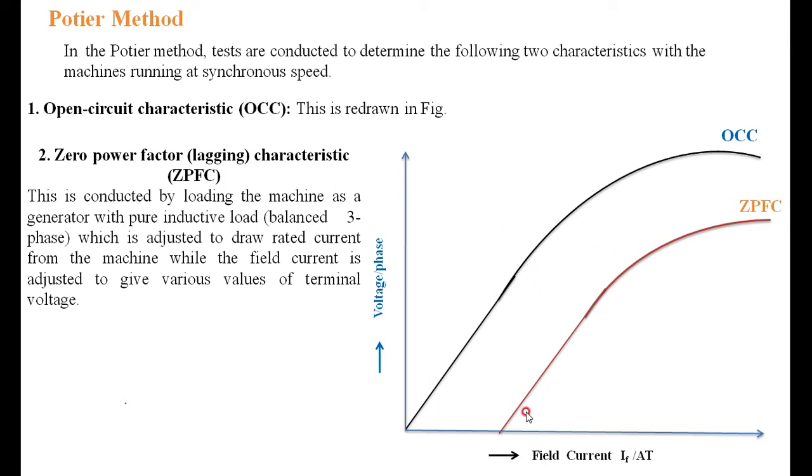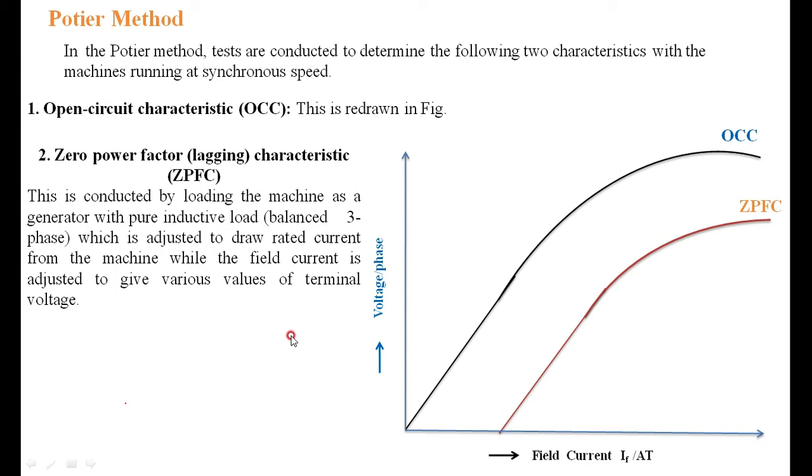But in the ZPF characteristics, you have to connect across the alternator a pure inductive load or pure capacitive load. Then you go on loading the alternator. For different loading conditions, you have to note down the field current and the corresponding voltage, so that you can draw the field current versus the terminal voltage. That is what I am getting as ZPF characteristics.